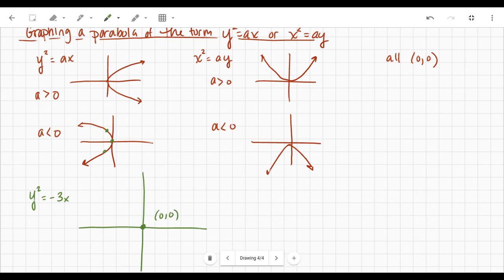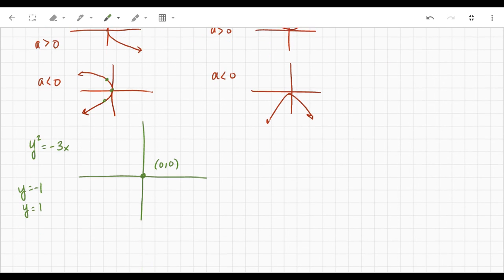So if y is negative 1 and if y is 1. Again, you're just going to go from that vertex up 1 and down 1. So if y is negative 1, then negative 1 squared equals negative 3x. Okay. So 1 is negative 3x, and x is negative 1/3.